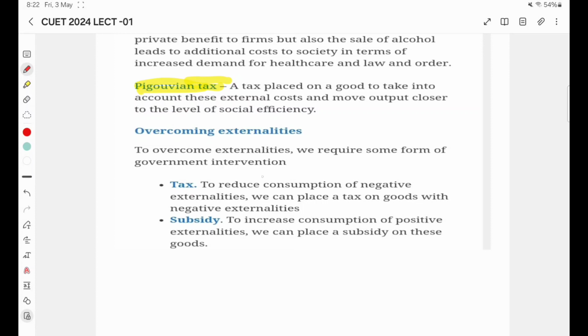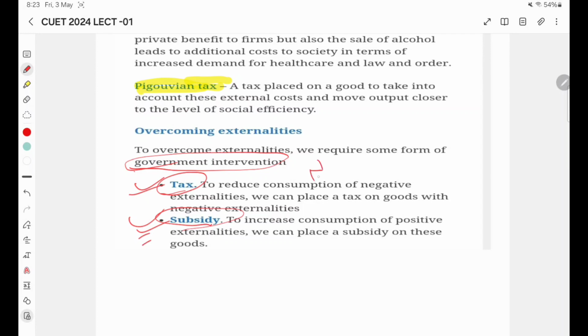So we require some government interventions. So government intervention is needed on the basis of taxation and subsidy. Those production and consumption activities which are generating negative externalities, we should tax them, and those consumption and production activities which are generating positive externalities, we should make arrangements for subsidy.